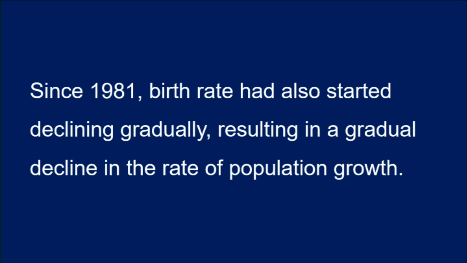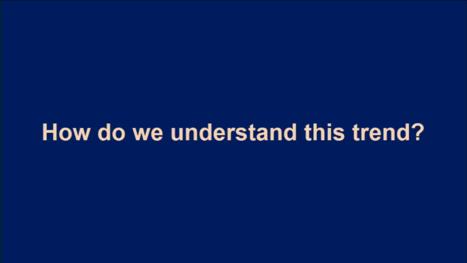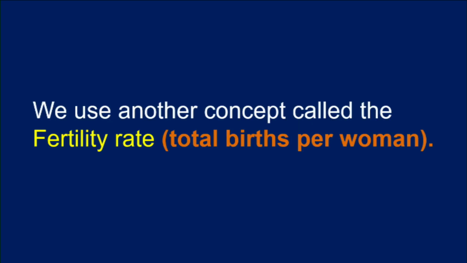Since 1981, the birth rate has also started declining gradually, resulting in a gradual decline in the rate of population growth. So, how do we understand this declining rate? We use another concept called the fertility rate. Total birth rate per woman means how many children one woman can give birth to in one lifetime.